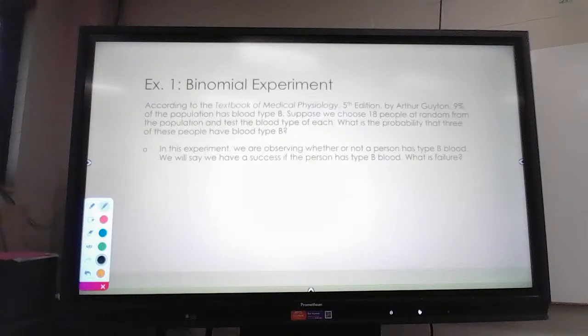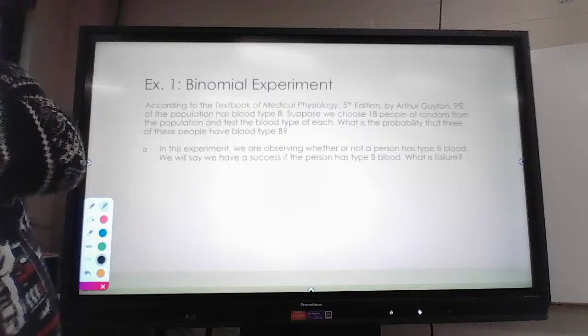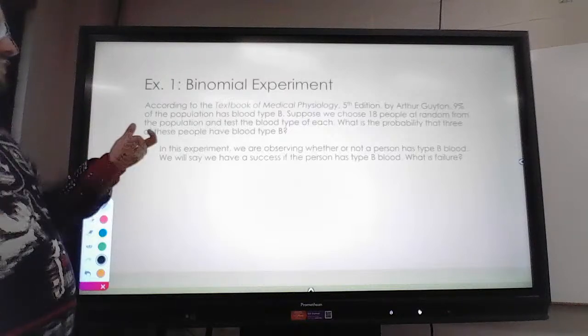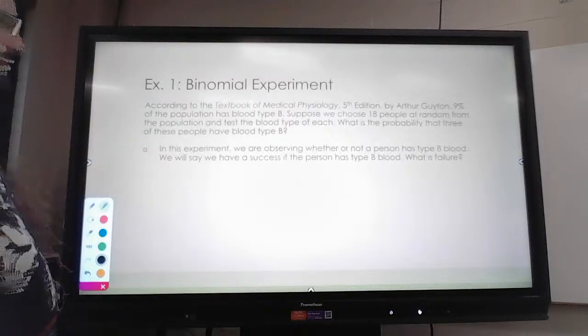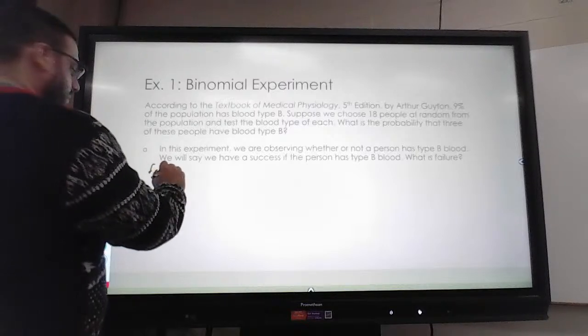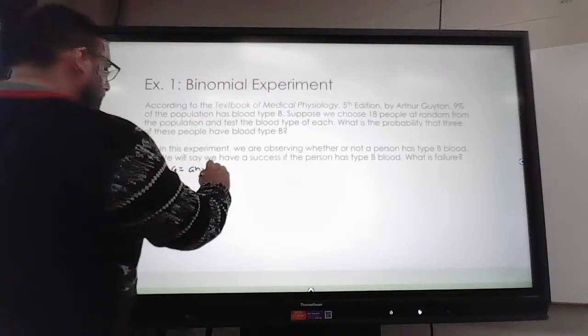So in this experiment, we are observing whether or not a person has type B blood. We're describing a success to be a person that has type B blood. So if a success is a person that has type B blood, then a failure is any other blood type.